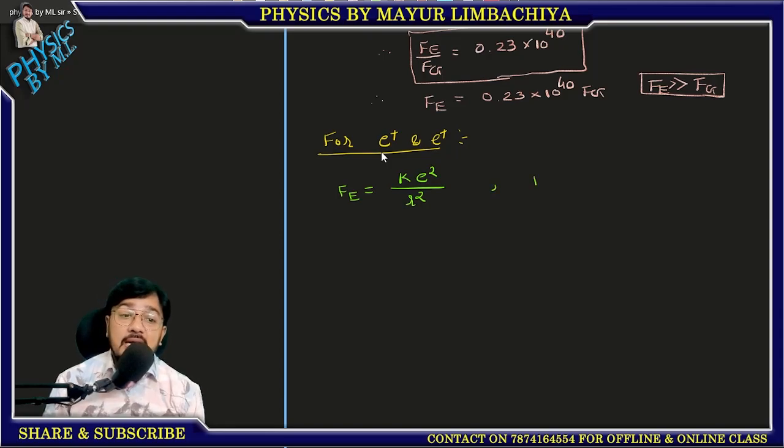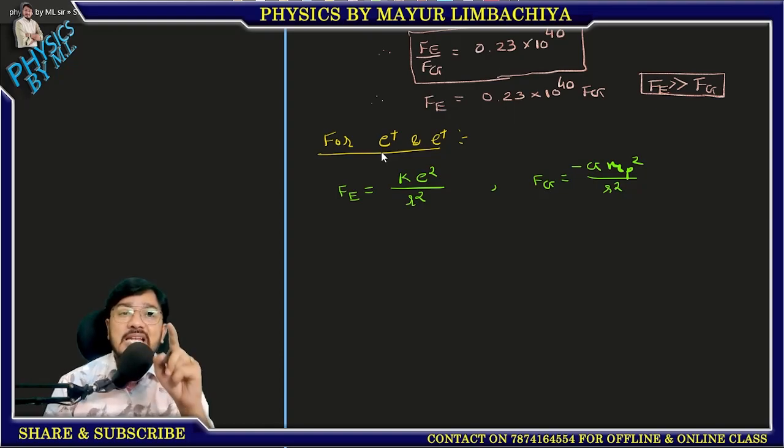But in the case of gravitational force, here masses of two protons can be written in terms of G MP square divided by R square, and this will be minus. But what we have to do? We have to do the ratio of magnitudes. It means only magnitude.